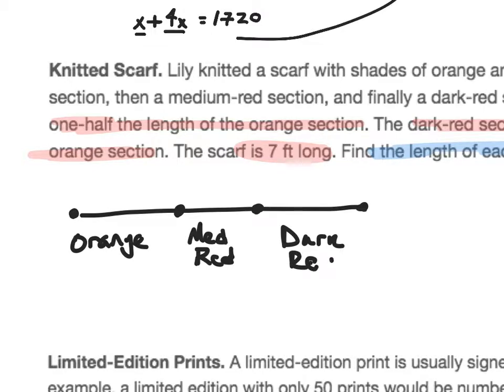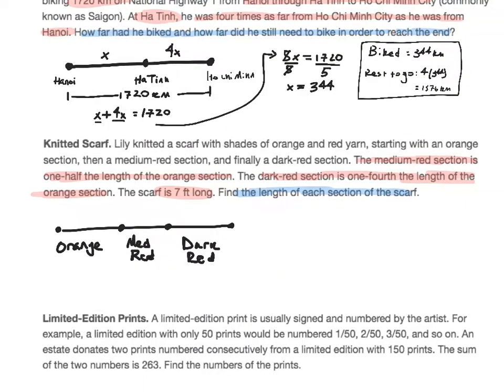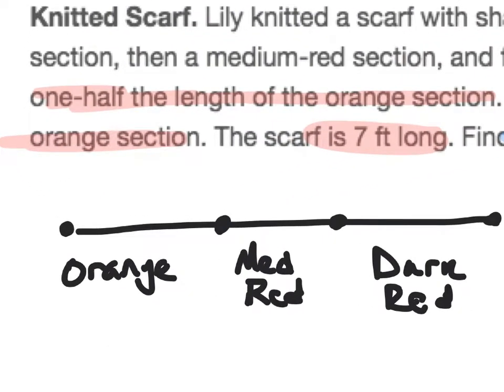Now what I know is that my medium red section, this section right here, is going to be 1/2 the length of the orange section. The dark red section is 1/4 the length of the orange section. What they don't tell us is what the orange section is. So I'm going to let X be the orange section.